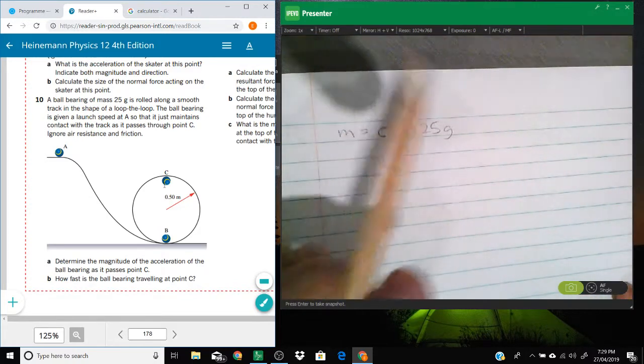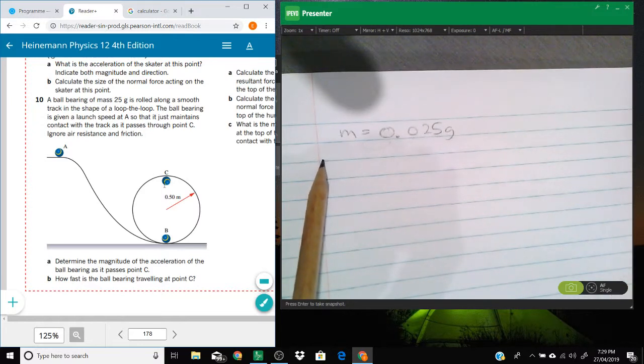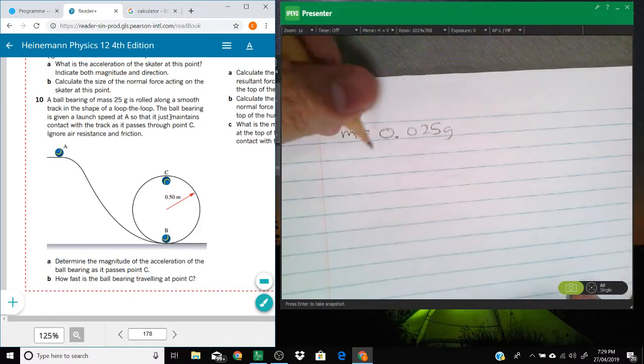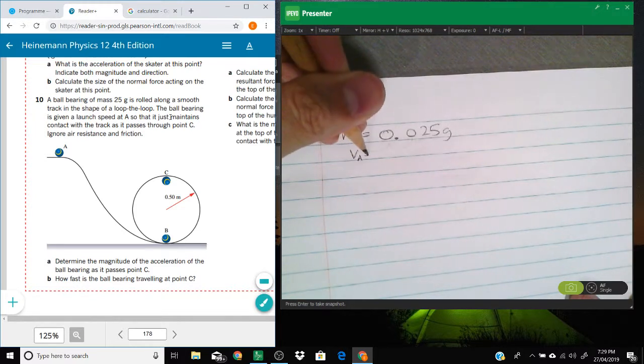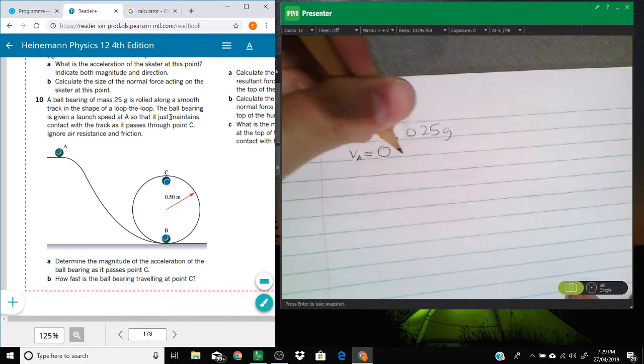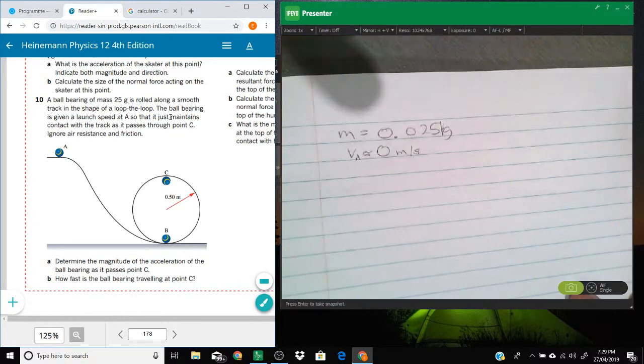The ball bearing is rolled along a smooth track shaped like a loop-de-loop. It is given a launch speed A so that it maintains contact with the track as it passes through point C, ignoring air resistance. So it just maintains, basically it's just given a nudge. For all intents and purposes, assume that it's approximately 0. Sorry, that was in kilograms. That's why I did that. Where's my eraser?